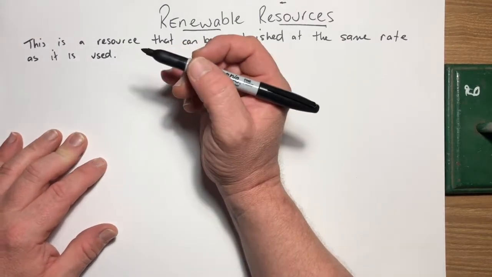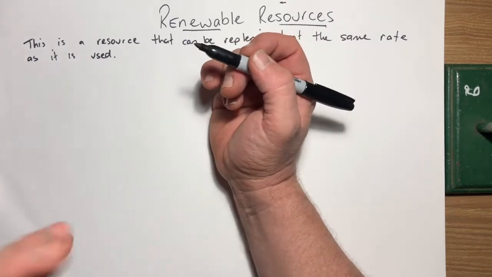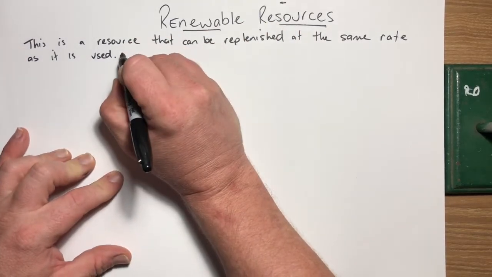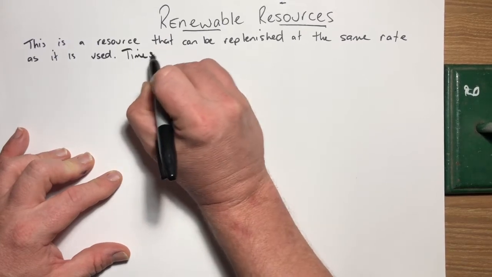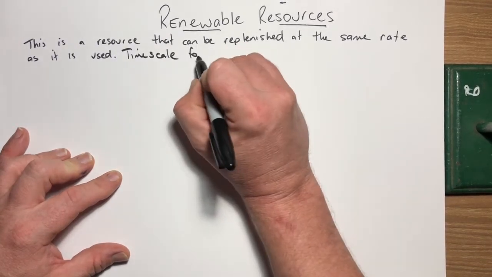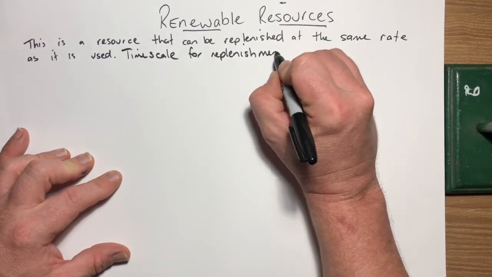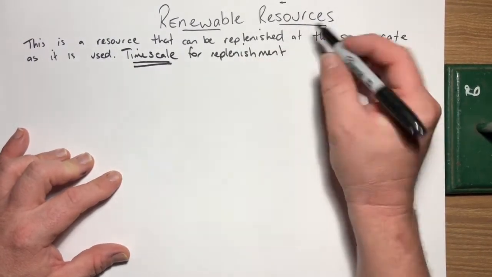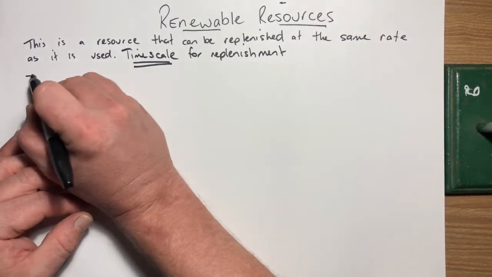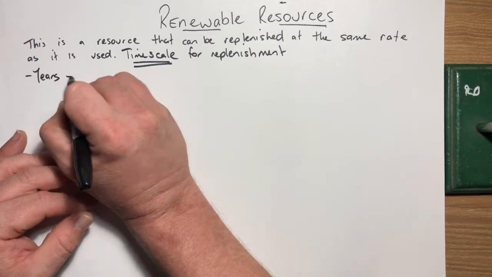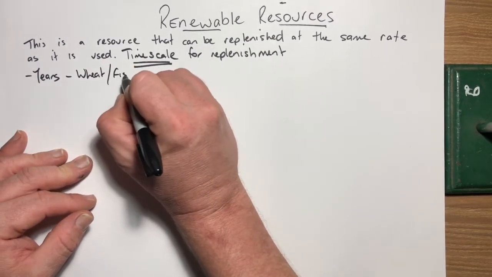Renewable resources normally can be replaced within years, months, or decades, generally within a human lifespan. So we normally think of a time scale. And time scale is important. So we might think it is within years, as in the case, for example, of wheat or fish.